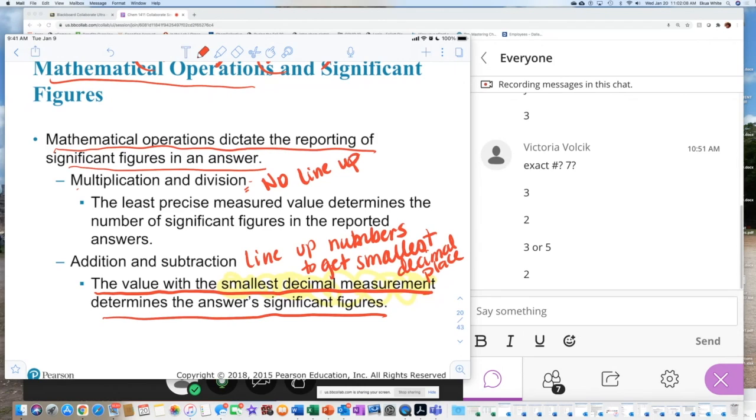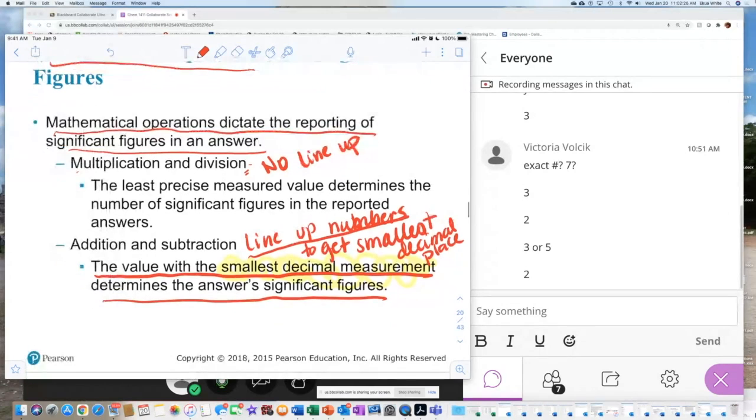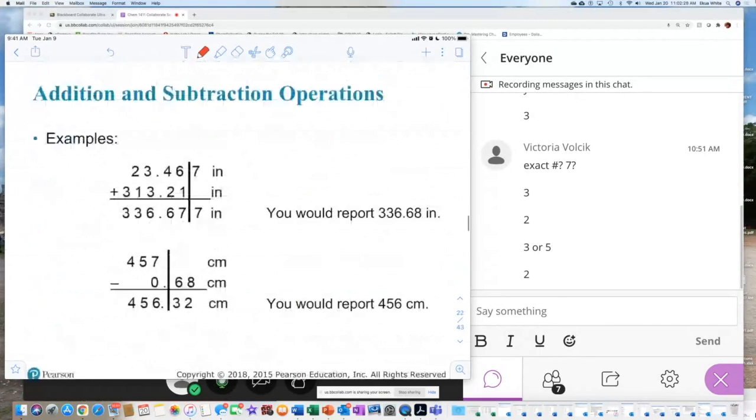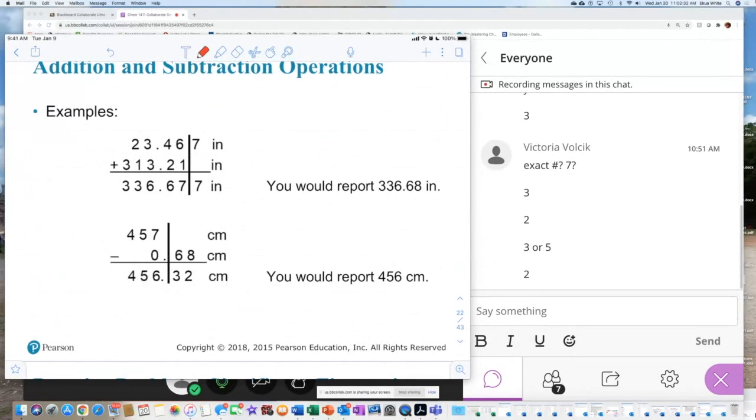So once I learned the line up method, I was like, I am going to be lining up from here on. When you line up, it mentally tells your brain you're doing something different on purpose. So you line up your numbers, get the smallest decimal place, and then you use that to figure out your answer. So we'll go with that first, and then we'll come back with multiply and divide. Let me see, I'll skip this page, come back to it, go to the line up.